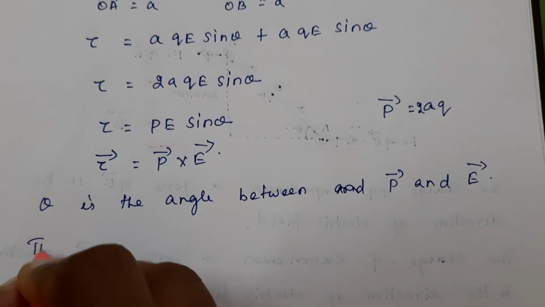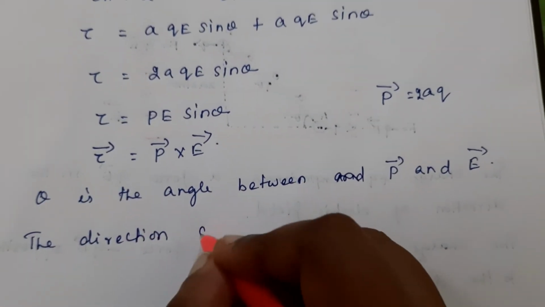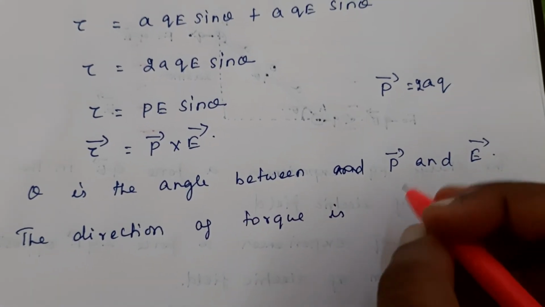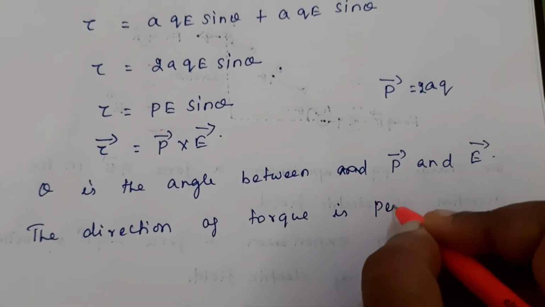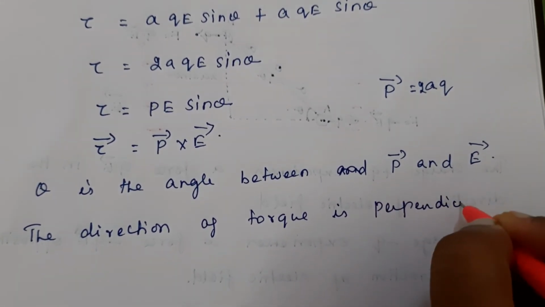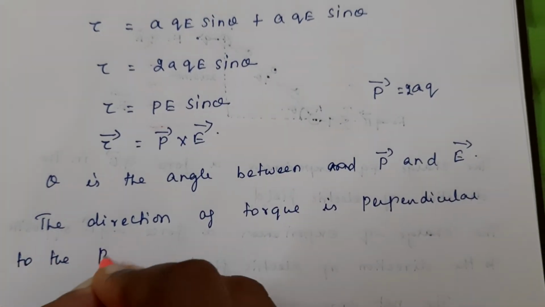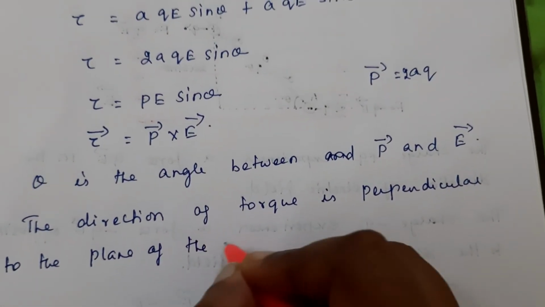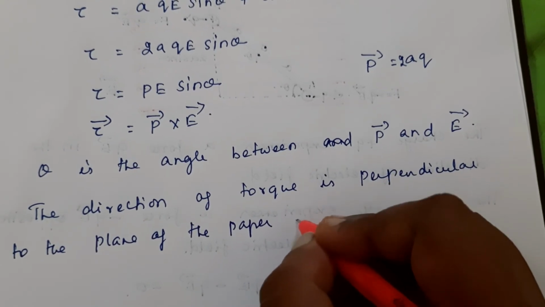Now what is the direction of the torque? The direction of torque is perpendicular to the plane of the paper and is directed into it.